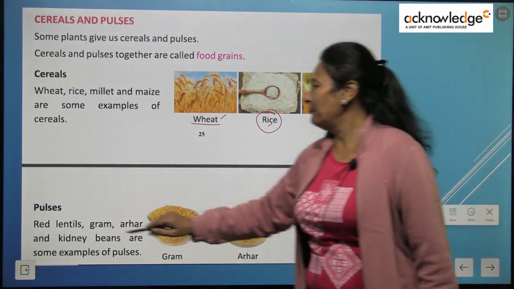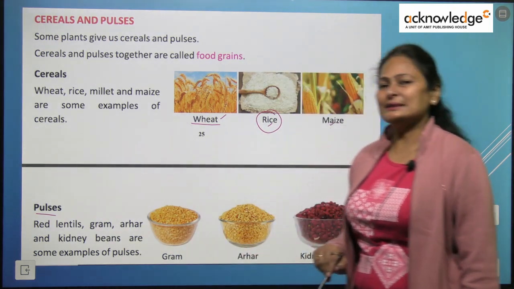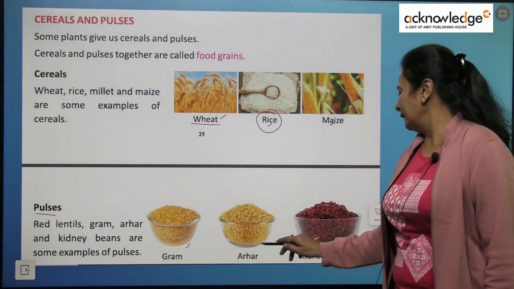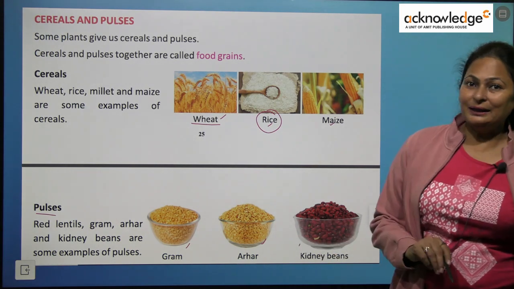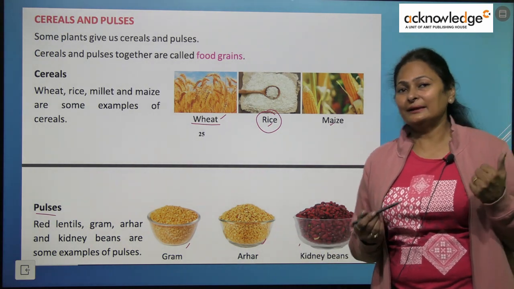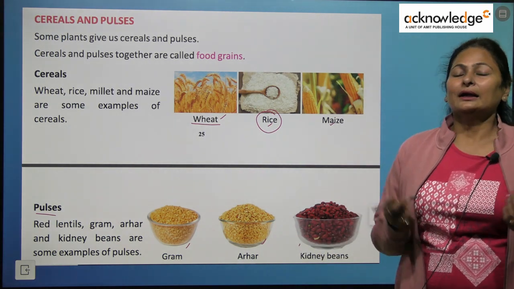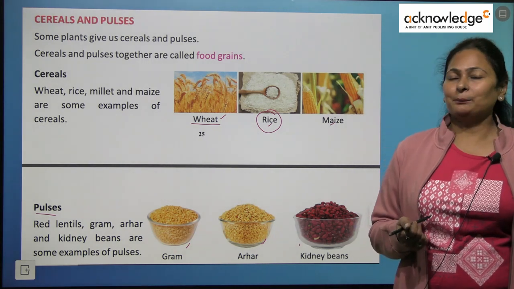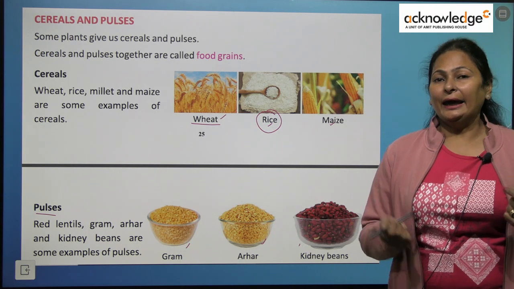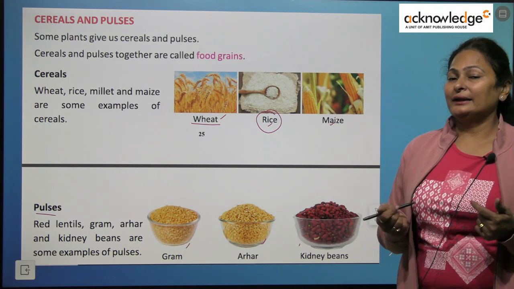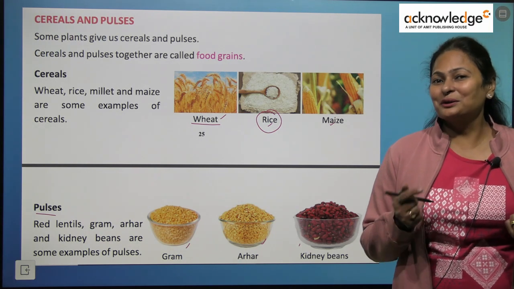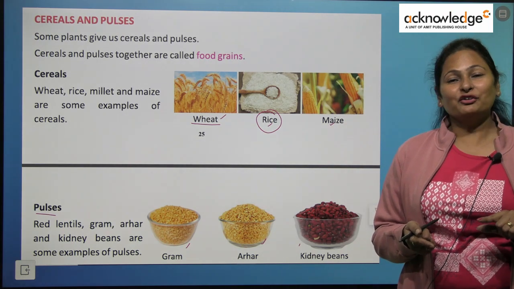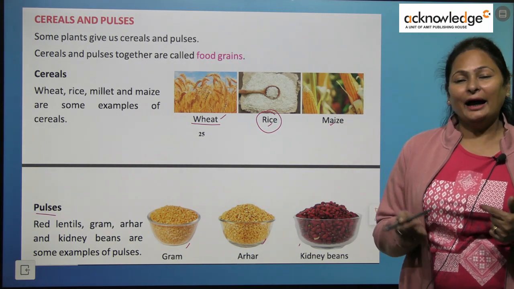Next is pulses. Pulses like red lentils, gram, arhar, kidney beans, chickpeas, right? So many kinds of pulses we get from plants, and pulses are very healthy, and very essential for growth. But we need to cook them first, then we can have them.